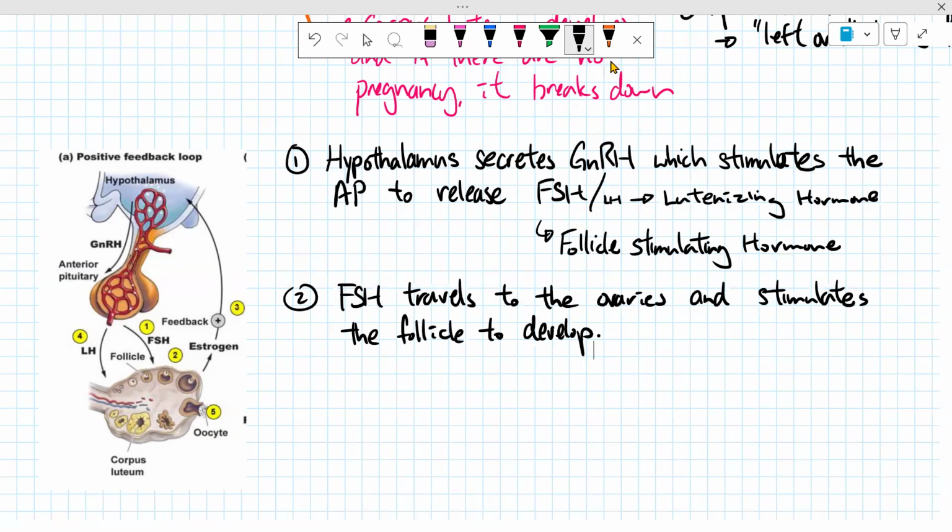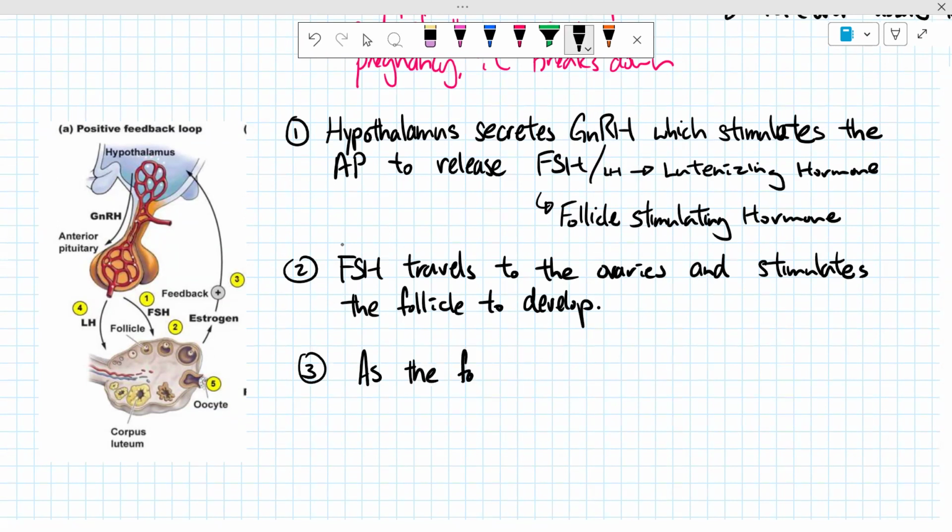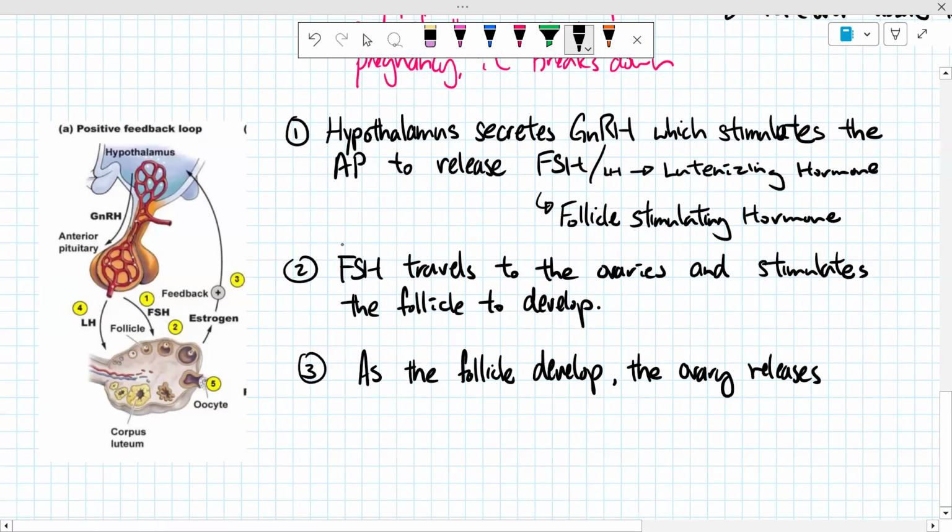Now, I already told you, as the follicle grows, what hormone is released? What hormone does the ovary release? Estrogen. Yes, estrogen.